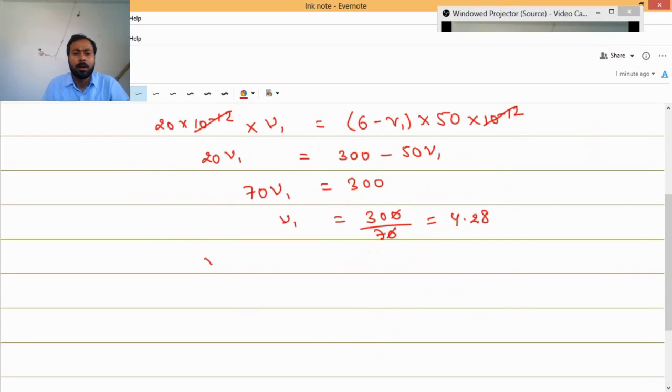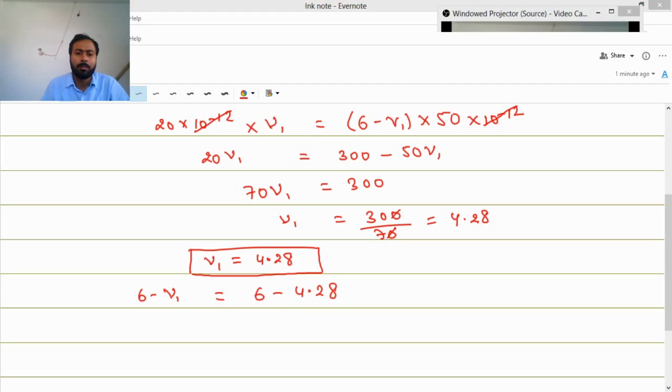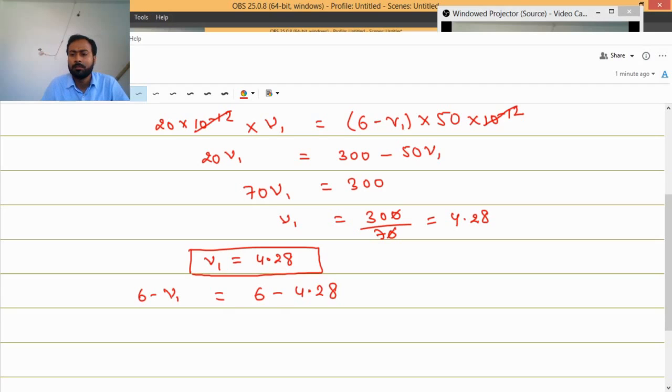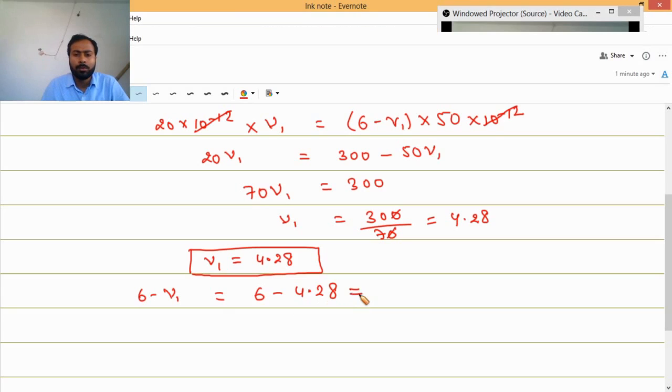So in this way we have decided the V1 value, that is 4.28. Now we can very easily evaluate the value of 6 minus V1. It will be 6 minus 4.28, and this will be the potential difference across the second capacitor. This value will be 1.72 volt.